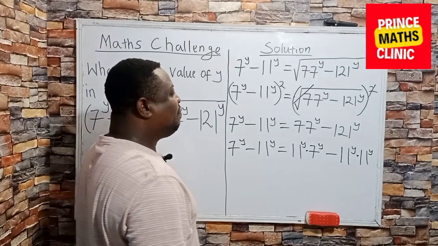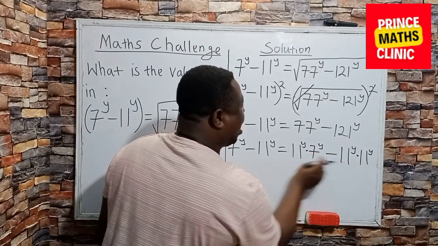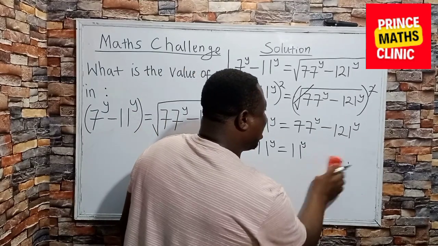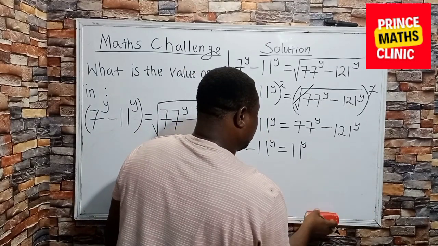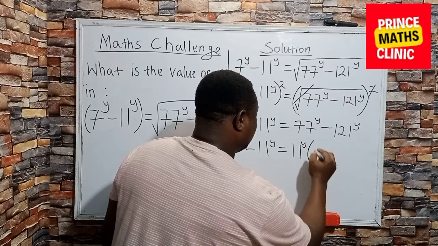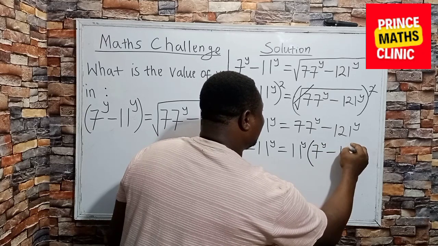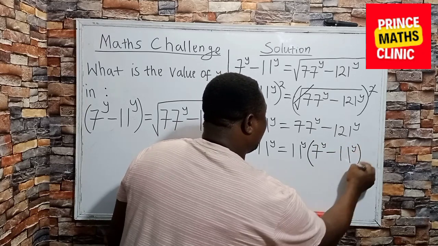So in essence, if I factor out 11 to the power of y, which is common, what I will have in the bracket will now be 7 to the power of y minus 11 to the power of y.